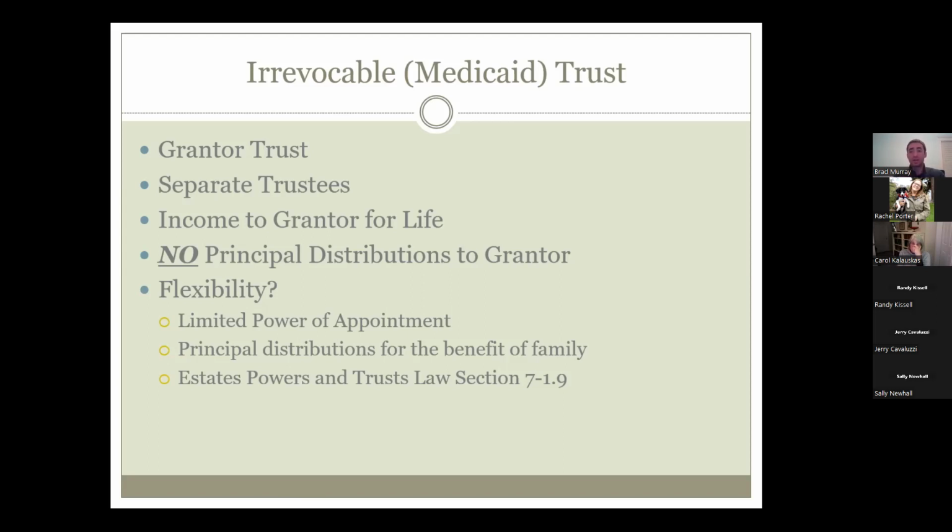So again, the house is probably the most common asset. Another common asset would be a stock portfolio account, something like that. I see that pretty often. You can certainly fund it with cash. If you open a cash bank account in the name of this trust, and then it just kind of sits there, that's perfectly fine too.